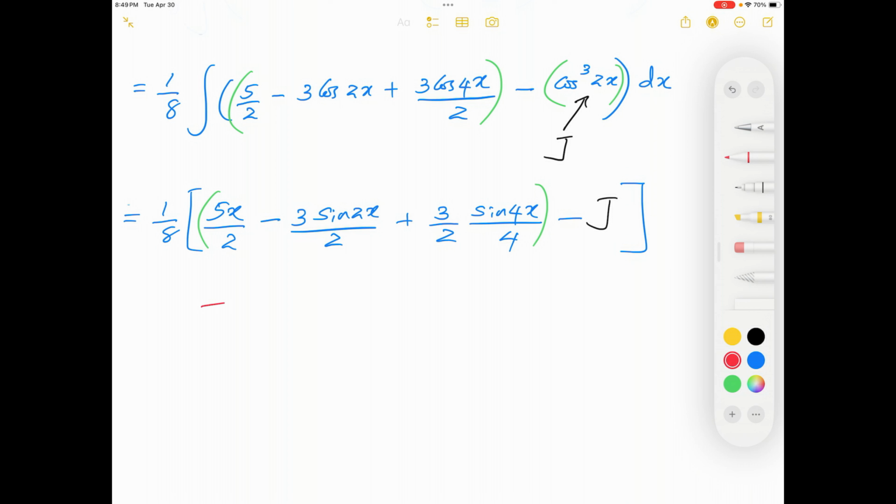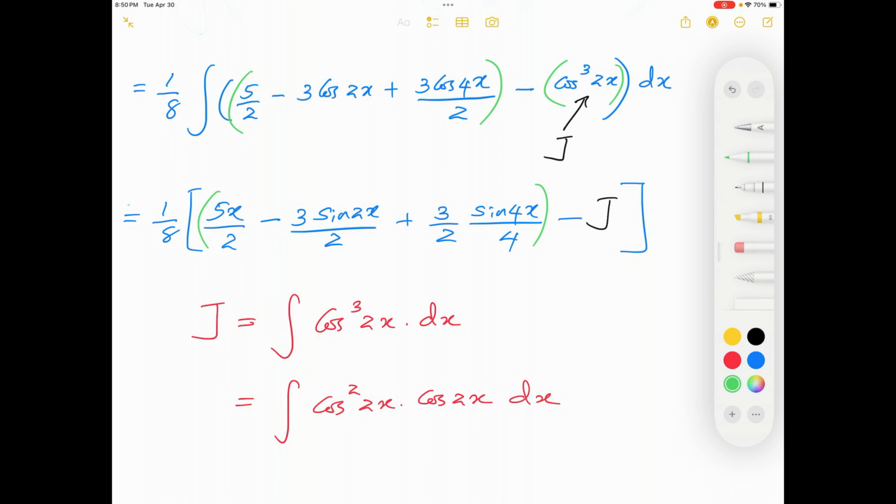Alright, now it's time to evaluate the integral j. J is equal to integration cosine cubed 2x dx. This is an odd power. How did we integrate odd powers? We split the odd power into integration cosine squared 2x times cosine 2x dx. And then what? According to our previous video's explanation, we need to write down cosine squared 2x as 1 minus sine squared 2x.